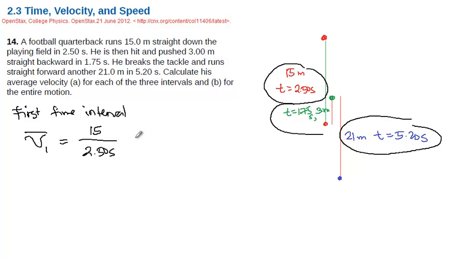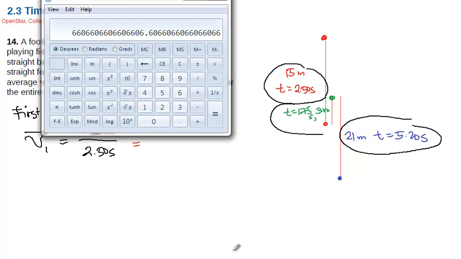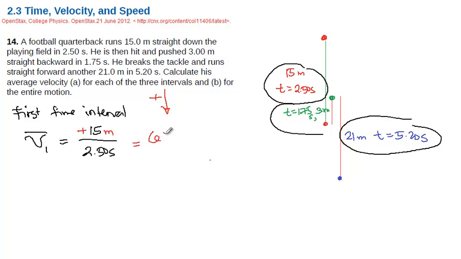We can make downward positive, so this is plus 15 over 2.50. What is 15 divided by 2.50? It's 6 meters per second. So the average velocity during the first time interval is 6 meters per second.